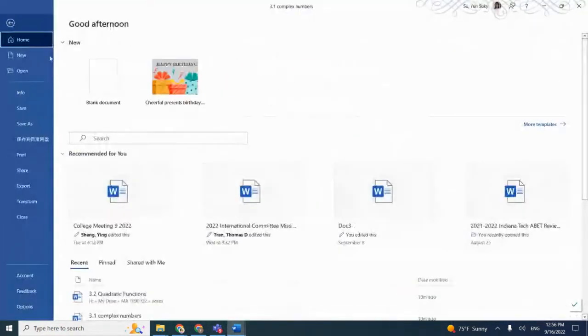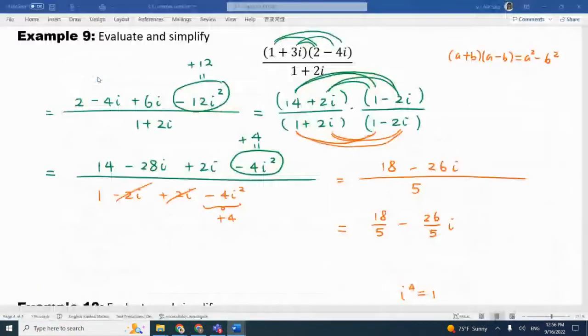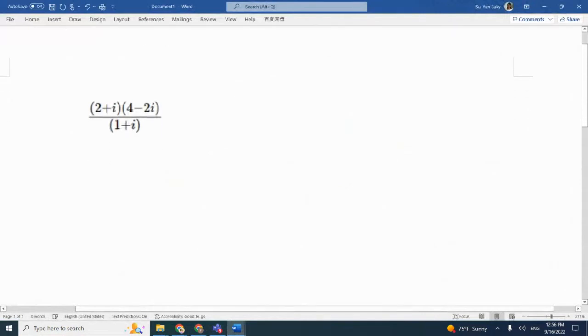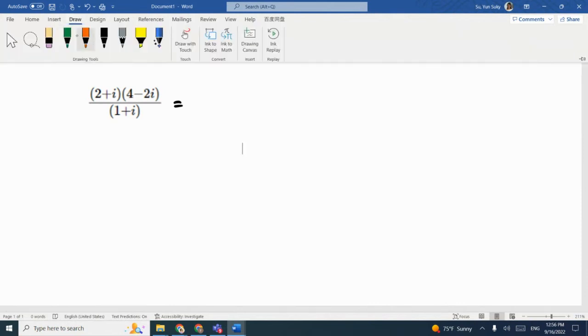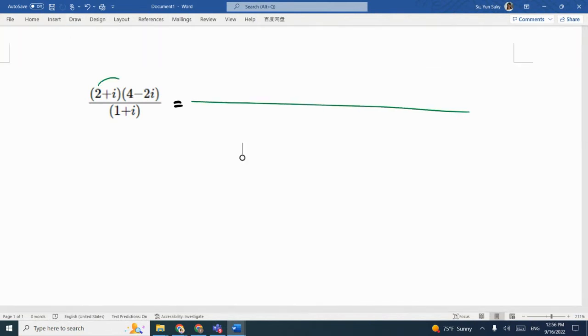Let's try this one. So the numerator, 2 times 4 is 8. 2 times negative 2 minus 4i, right?